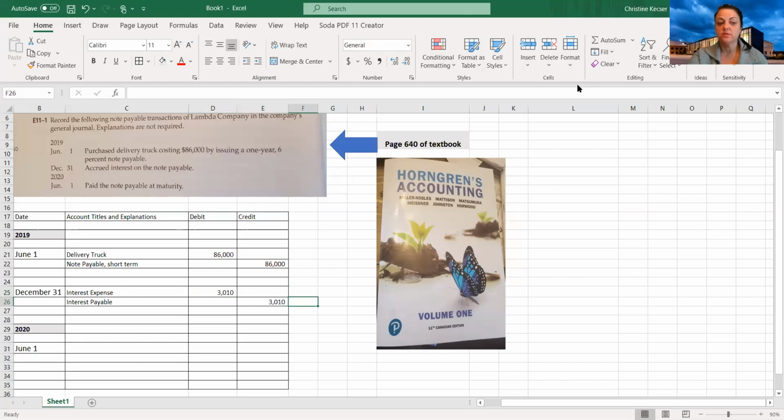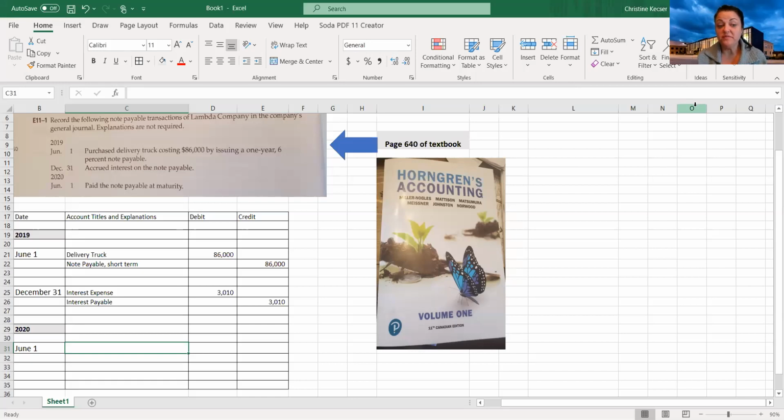On June 1st, 2020, we're going to pay the note payable at maturity. So how do we record that? We know that to pay this, there is going to be cash that's going to be paid out, and that's a credit to cash. When our cash is leaving our bank account and our pockets, that's a credit. So the debit side is going to be a little bit more lengthy because there's a couple of things that we want to do.